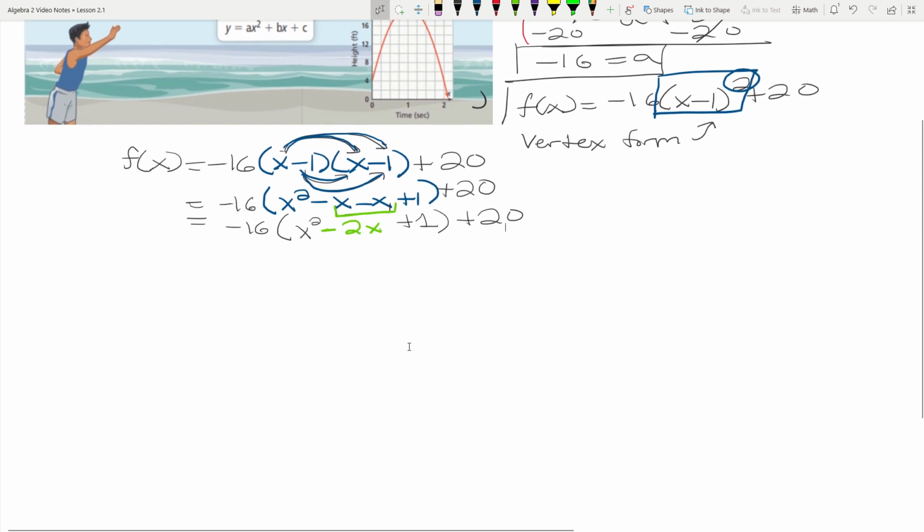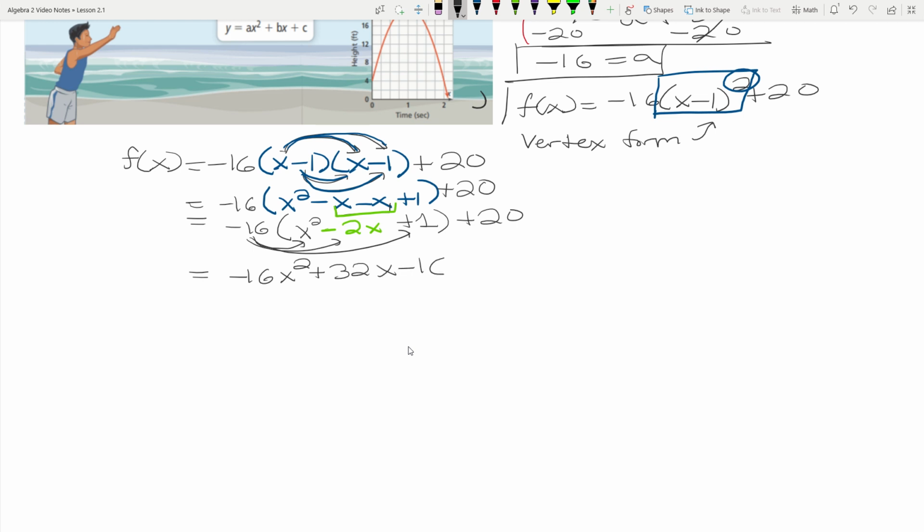Okay, so now we have to distribute the negative 16 to each and every one of these terms. Negative 16 times x squared is negative 16x squared. Negative 16 times negative 2x is positive 32x. Negative 16 times positive 1 is negative 16.